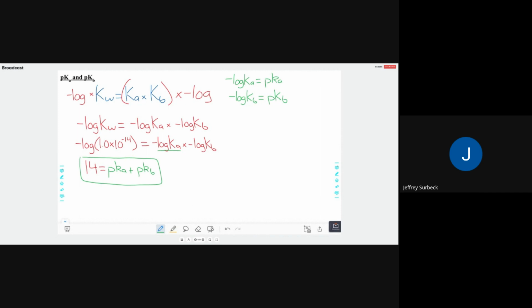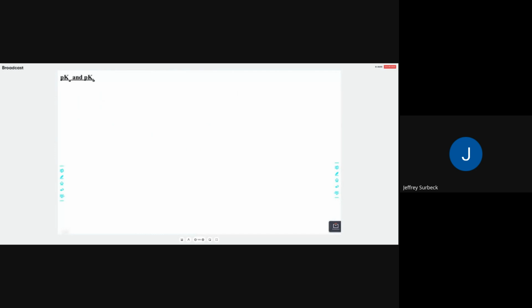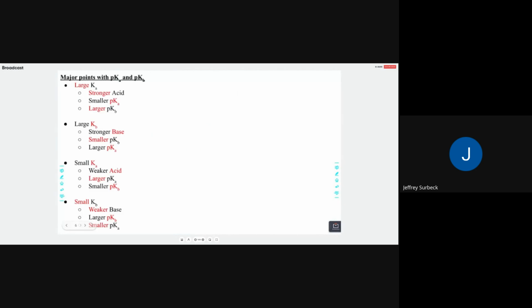All right, so what is the point about this? The point about this, and I'll have you write this down and I'll explain it as I go here: if you look at pKa or you look at pKb, you can very quickly tell, hey, is this a strong acid, or I guess in this case, a stronger weak acid or a weaker weak acid?